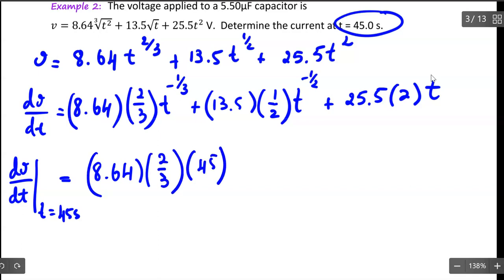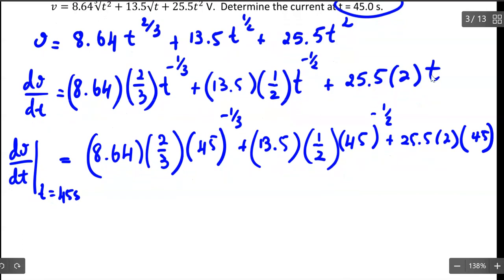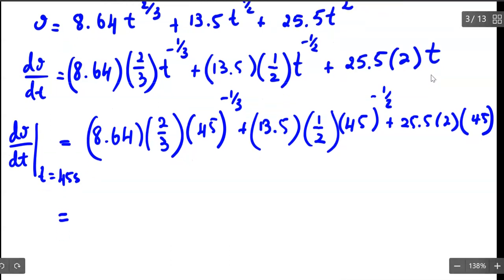So negative 1/3 plus 13.5 times a half multiplied by 45 raised to the exponent negative half, plus 25.5 times 2 times 45. Just to make sure that we get everything down correct. Yes, we do.